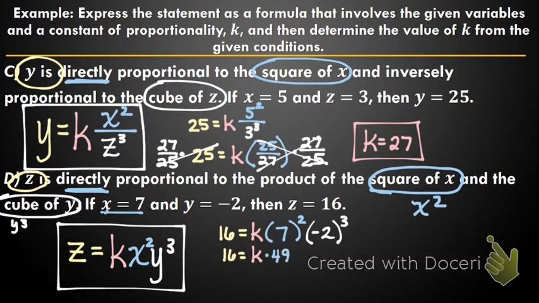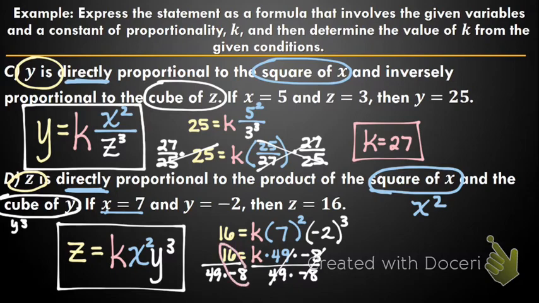times 49 times, what is negative 2 cubed? Negative 8. I can multiply the 49 and the negative 8 together. And then I'm going to divide both sides by that, right? I'm going to keep it as 2 pieces because I noticed something interesting. That's going to cancel, that's going to cancel.